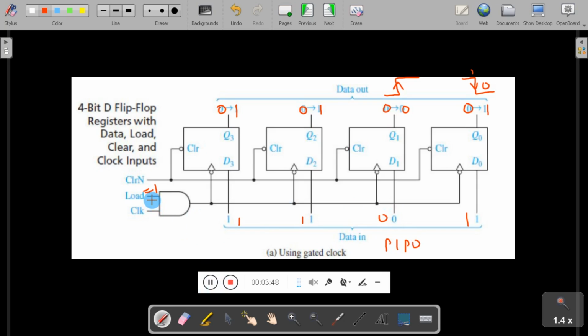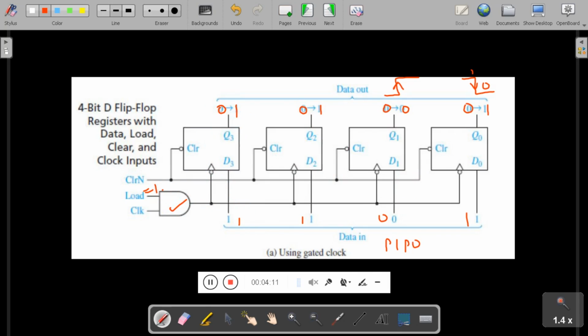So when the load signal is 1, this will enable the gate, and this will feed the clock to all the flip-flops simultaneously. So during the negative edge of the clock, whatever input is present will be moved to the output.